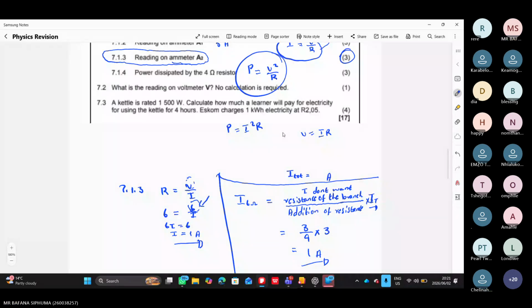Yes, we're going to use this one. We're just going to substitute. Basically, because it's IV, in the place of V, we substitute that thing. So it's going to produce P is equal to I multiplied by IR. Then let me multiply them. Okay, I get it.